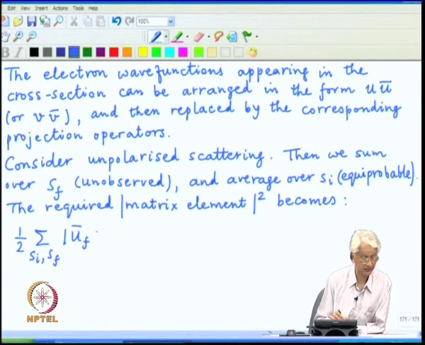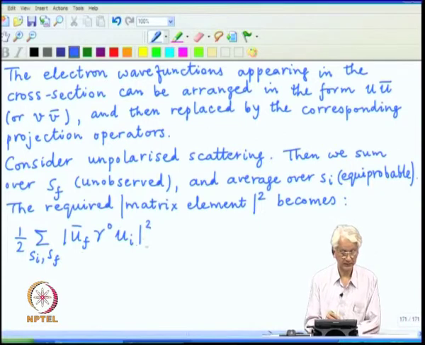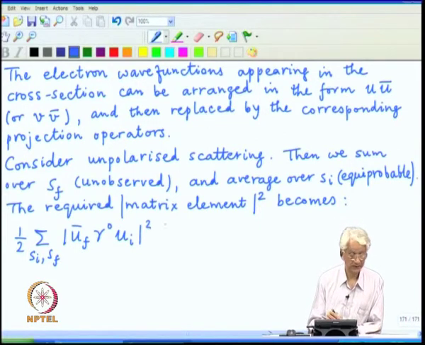The matrix element which we had was u bar f gamma 0 ui whole thing square. So, now we use the rules for rewriting this square, and the result is just the structure which I described last time. It happens that gamma 0 bar is equal to gamma 0. So, nothing happens to that.